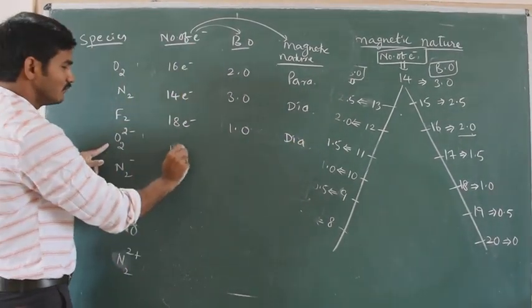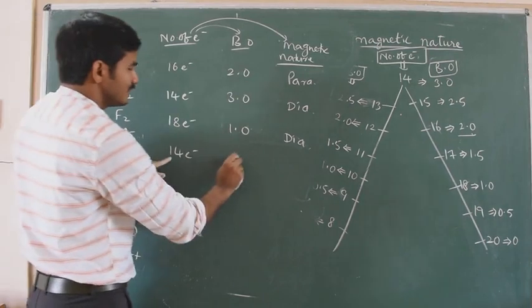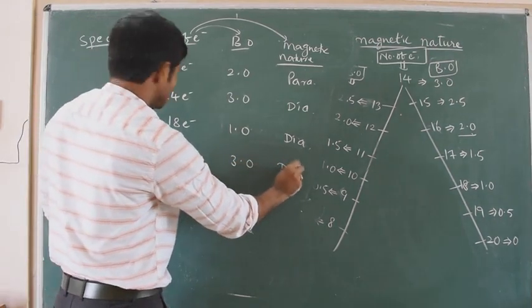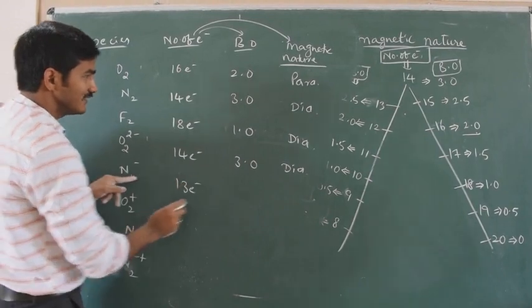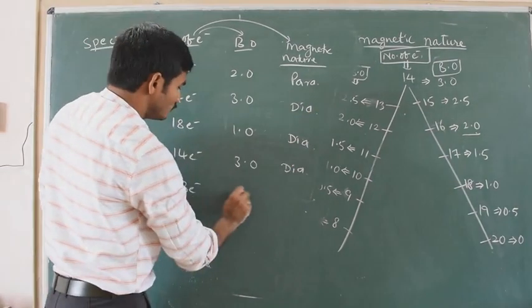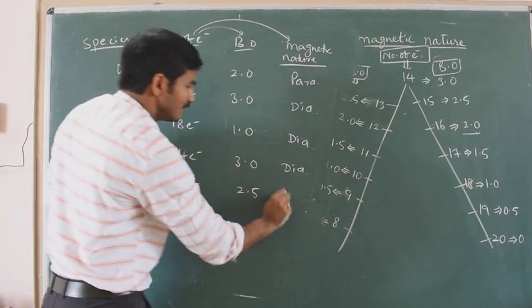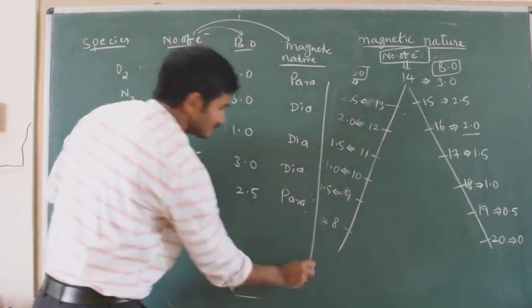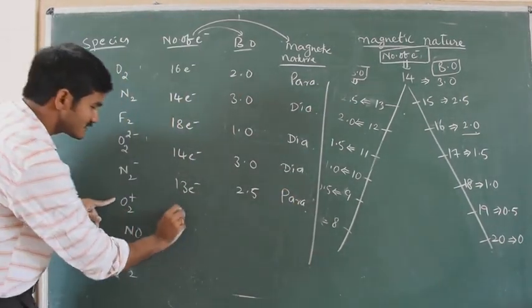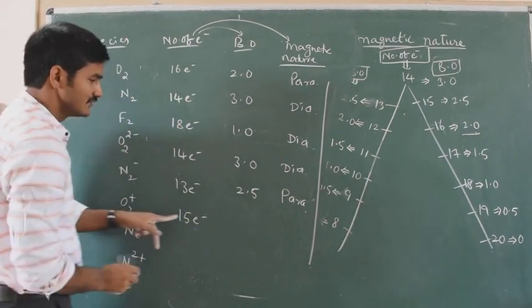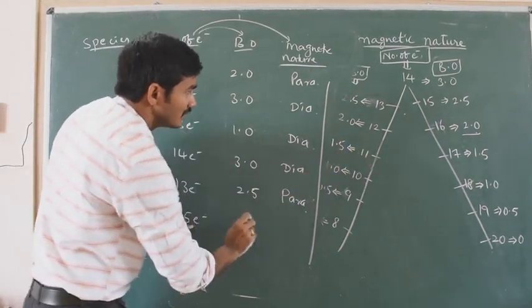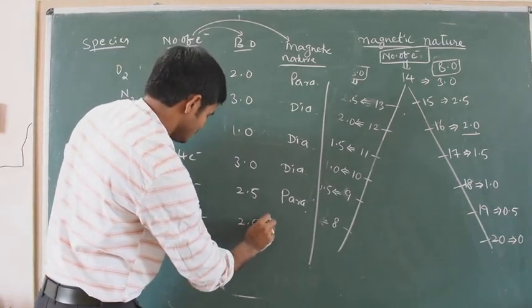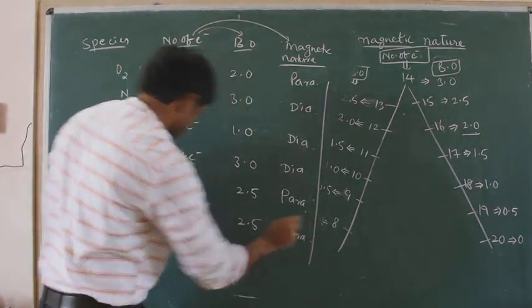O2 2 minus, 14 electrons. Again it is 3.0, a diamagnetic substance. N2 minus, 13 electrons. What is the bond order? 2.5. This is an odd number, para. O2 plus, 15 electrons, 2.5, a paramagnetic substance.